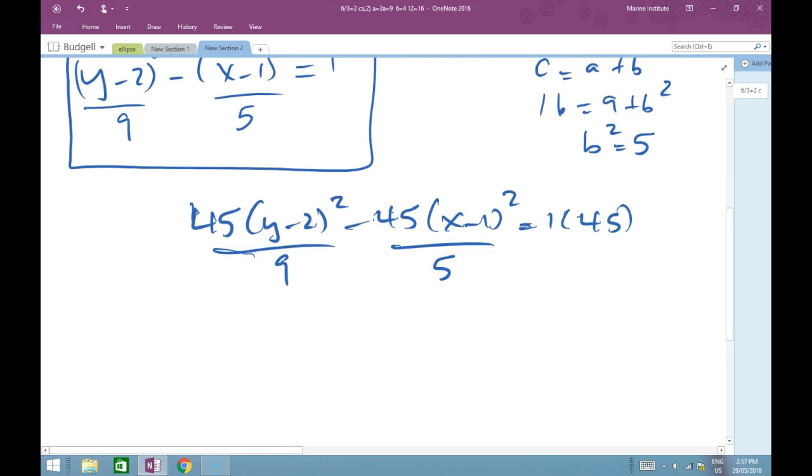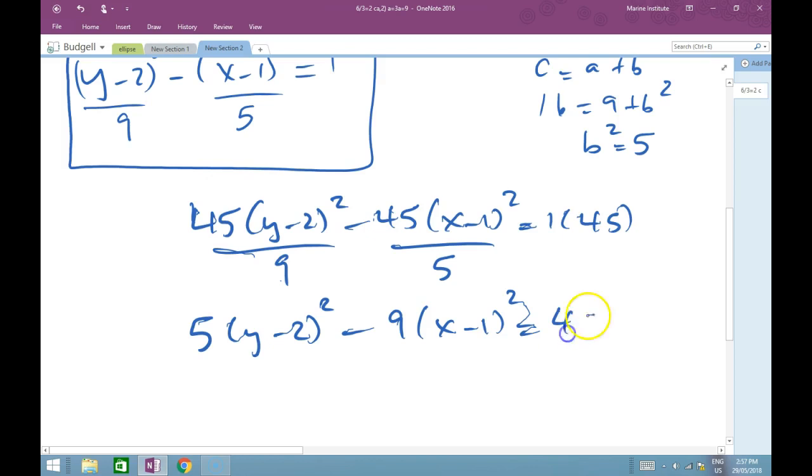This now gives us 45 divided by 9, which is 5, times (y minus 2) squared. 45 divided by 5 is 9, times (x minus 1) squared equals 45.